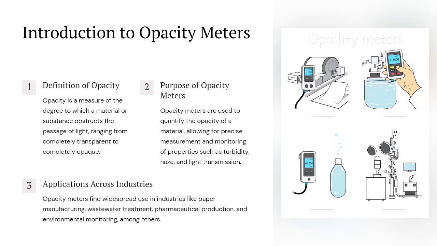An opacity meter helps us measure this property. It tells us exactly how much light is being blocked, which is useful in many industries like paper making, wastewater treatment, and environmental monitoring. By using this device, we can ensure quality, follow regulations, and make better decisions.